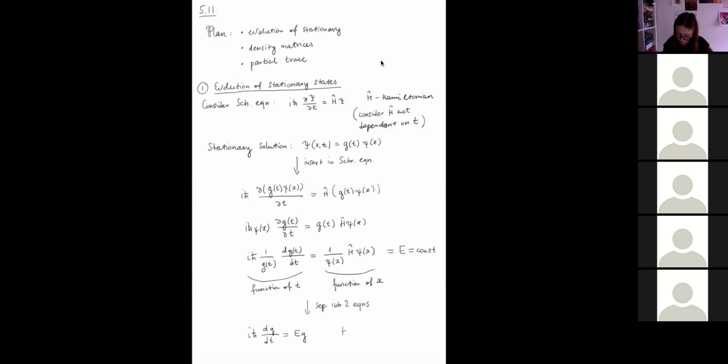And the second equation would be H acting on psi of x equals E psi of x. So by considering a stationary solution to the Schrodinger equation and being able to express it as a product of a function of t and a function of x, we are able to also separate this differential equation into two equations.